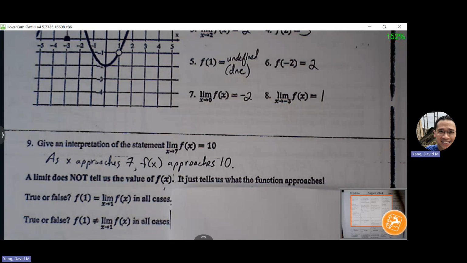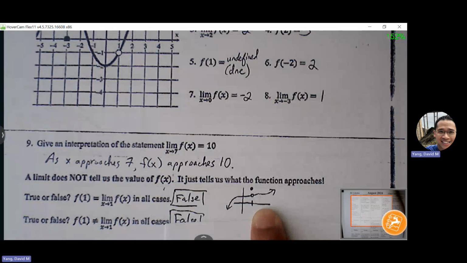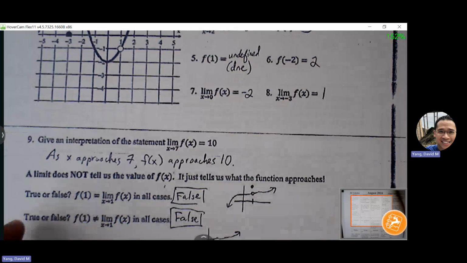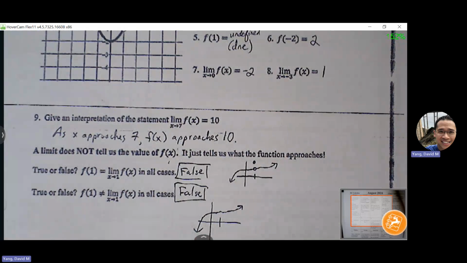But if there's a hole, if there's an asymptote, then it's not always true, right? Here's an example where the ordered pair and the limit are not lining up. And then true or false, f of 1 does not equal the limit in all cases. False, right? If the graph is continuous, then we know that they will always be in agreement.